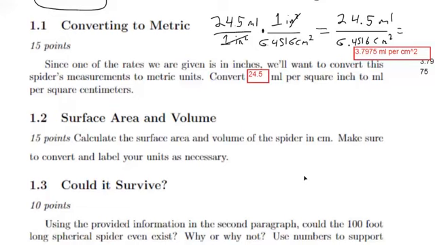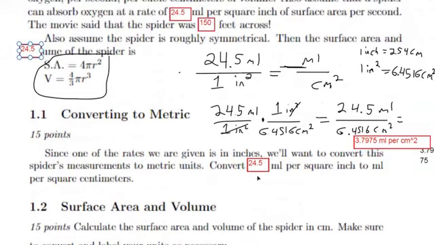Okay, question 2 says calculate the surface area and volume of the spider using centimeters. So the surface area is found by plugging the radius into this formula. Now my spider, we're going to assume it makes a sphere. So if it's 150 feet all the way across, then R equals 75 feet, because the radius is only halfway across.